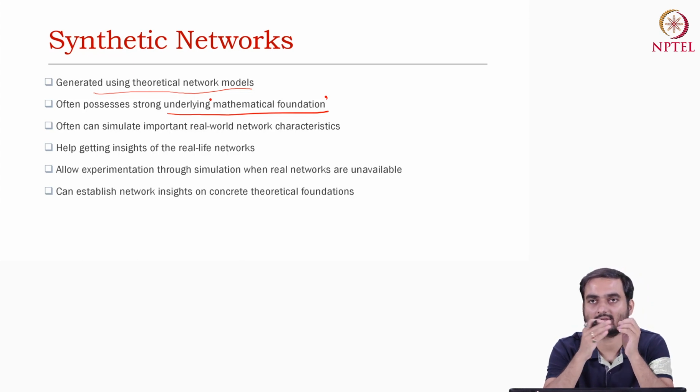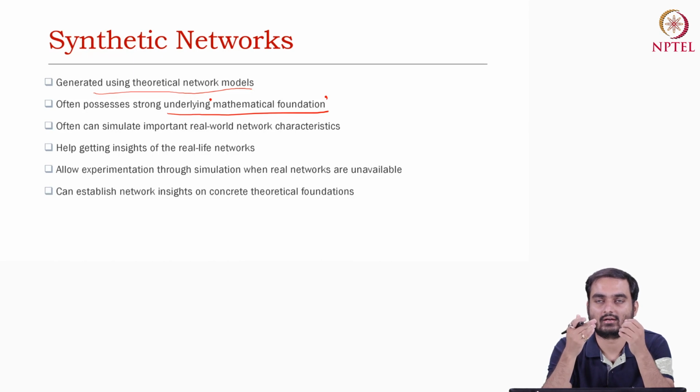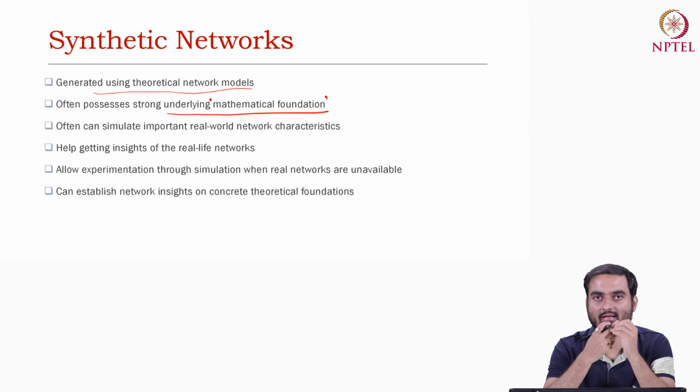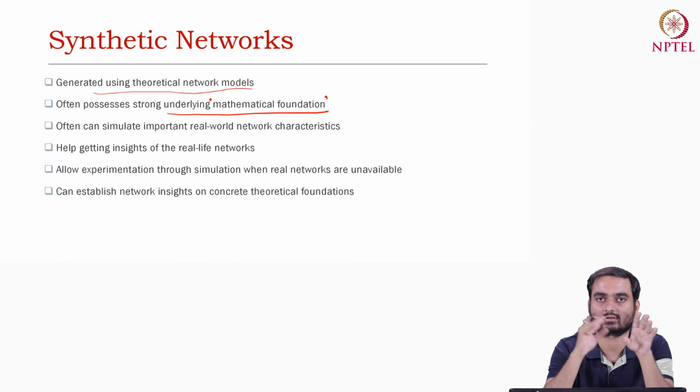So, over the years people tried coming up with different growth models to mimic how a real world network grows over time, and they test the efficacy of their growth models by checking whether a particular property of a network remains the same across the synthetic network and the real world network.